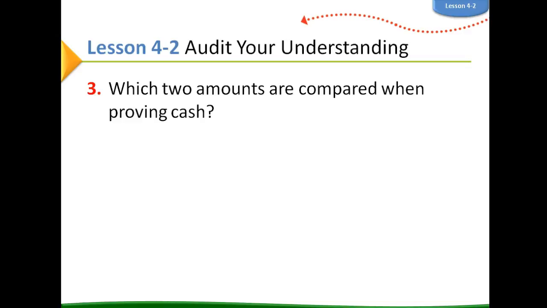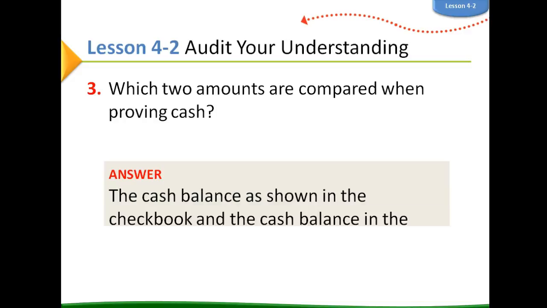And that's a fairly important record keeping piece and financial reporting piece that you would want to make sure that you're thinking about. The last question in the review here, the two amounts that we compare when we prove cash, remember it's our cash account and our checking account.